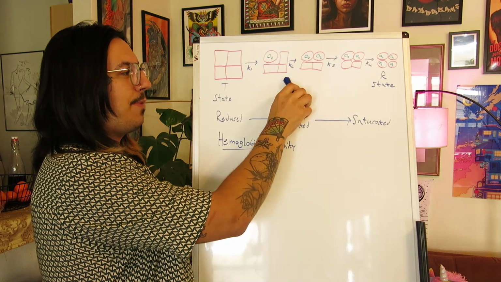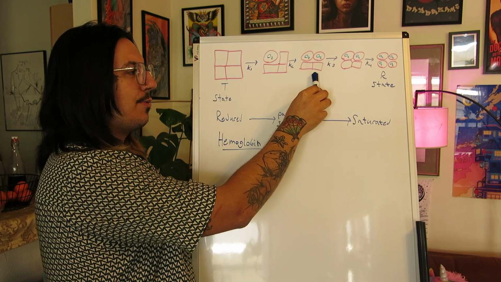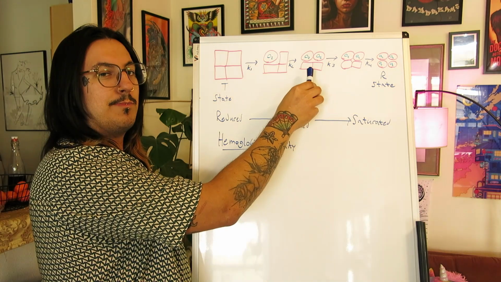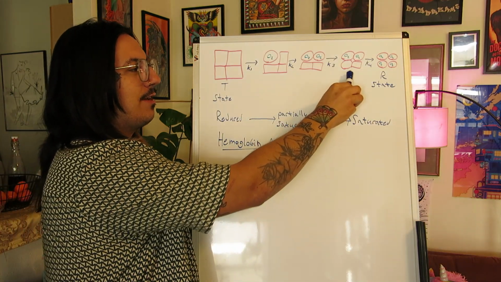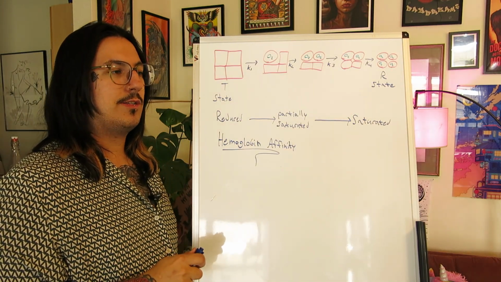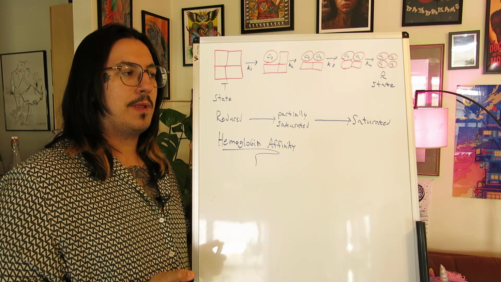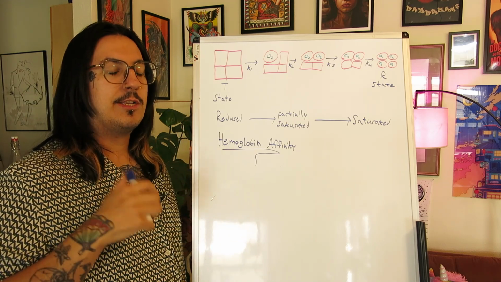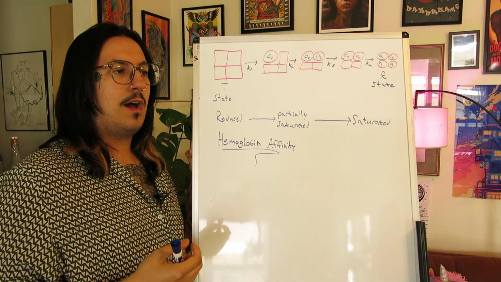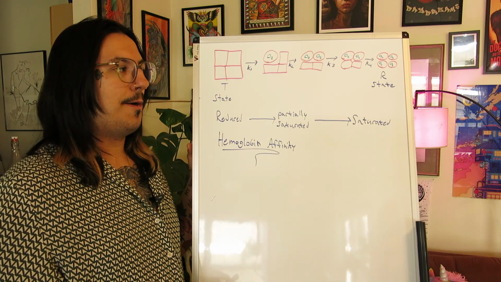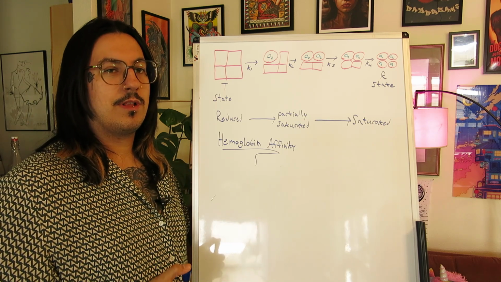And the same pattern follows. So this one is going to be able to accept oxygen better than this state. And this exponential increase in affinity for oxygen is a property of hemoglobin that is essential for us to be able to trade oxygen for CO2 at the tissue or the lungs.